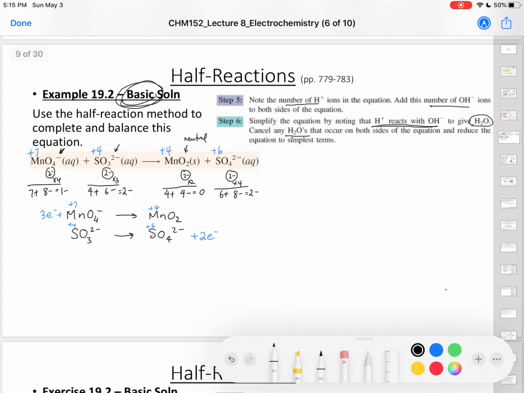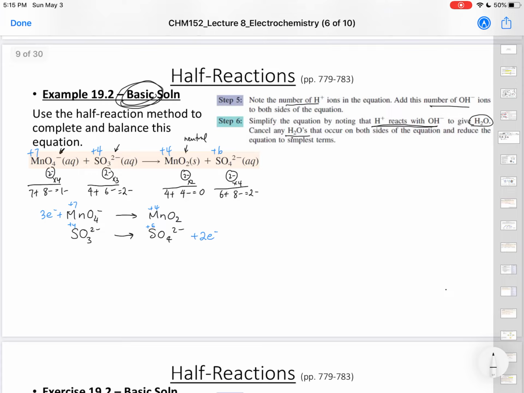Now at this point, I would like to balance my electrons. The electrons gained and the electrons lost must be the same. I've got 3 electrons here and 2 electrons here. The only way this is going to balance is with the lowest common multiple of 6.